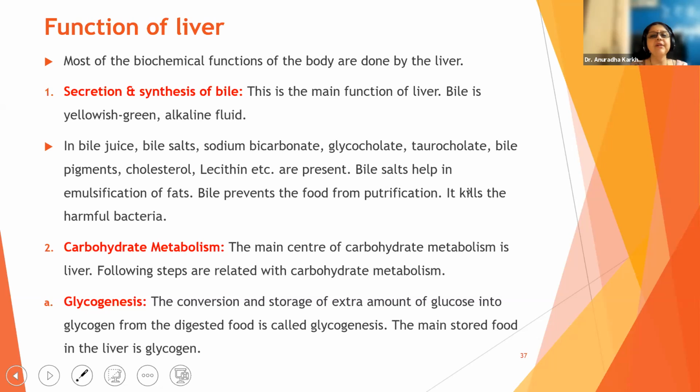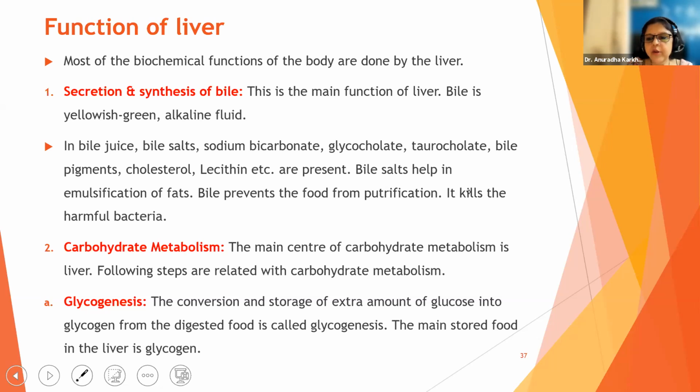See how the carbohydrates are going to be actually broken down in the liver. See, glycogenesis, glyco, and these all are salts, my dears. Okay, that you will come to know in chemistry. Actually, glycocholate, taurocholate, bicarbonates, all are different types of salts, inorganic salts.